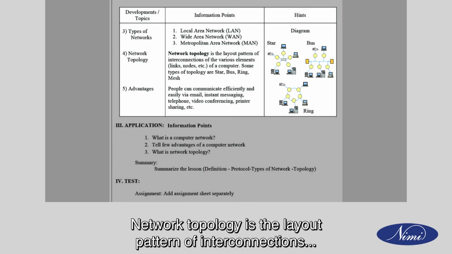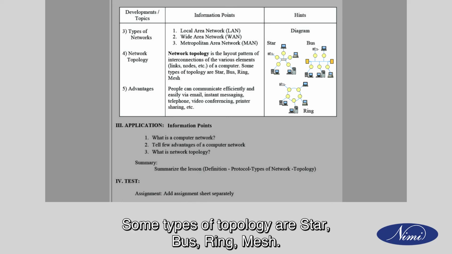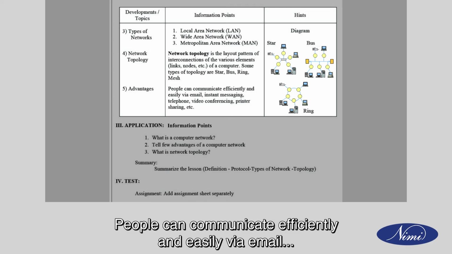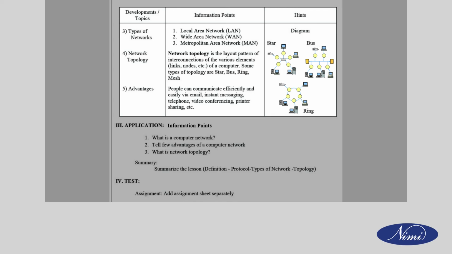Network topology is the layout pattern of interconnections of the various elements, links, nodes, etc. of a computer. Some types of topology are star, bus, ring, mesh. 5. Advantages. People can communicate efficiently and easily via email, instant messaging, telephone, video conferencing, printer, sharing, etc.